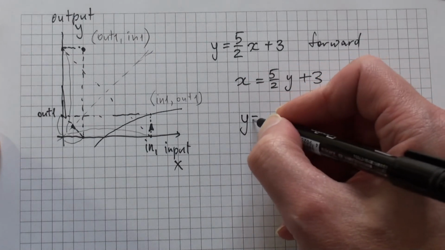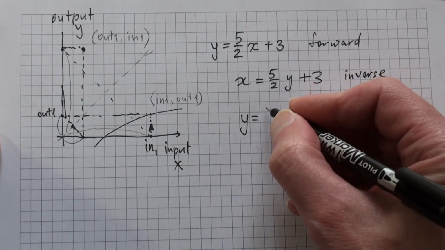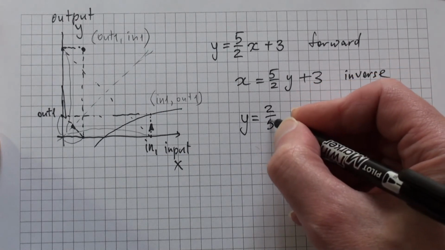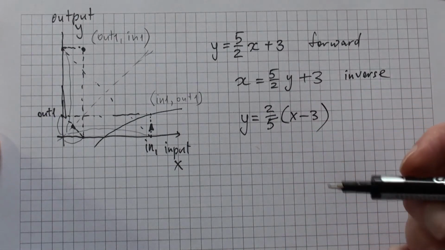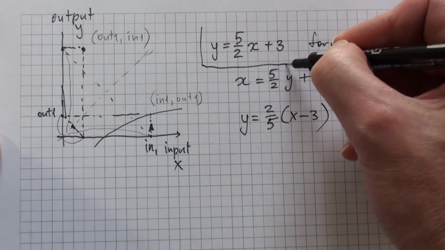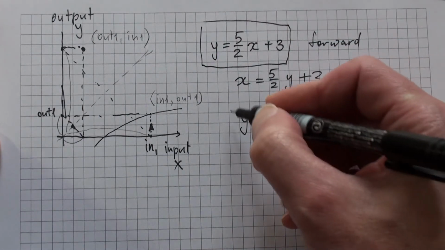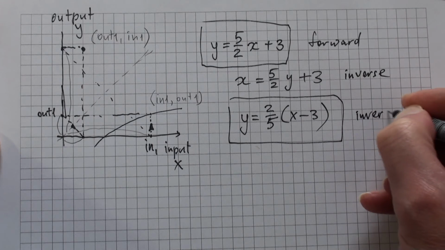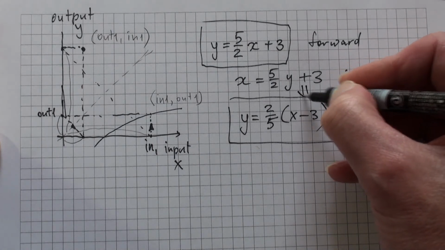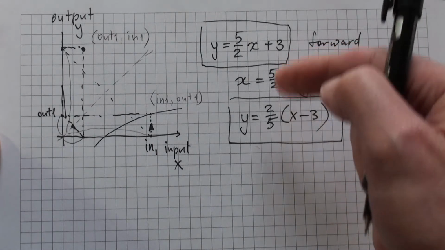So y equals 2/5 of x minus 3. So this is our original function. This is the inverse. I just did some massaging to get from this one to this one. It's the same expression.